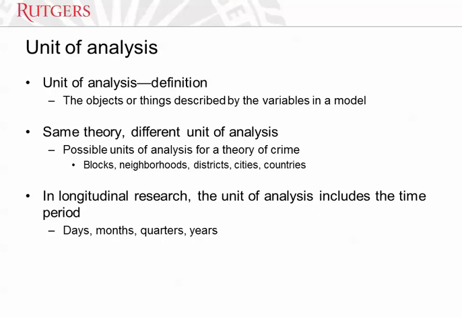So, possible units of analysis for a theory of crime. We looked at the broken windows theory of disorder and crime. We could test that theory at different levels. We could test it at small blocks or block groups. So blocks can be high or low in disorder, or blocks can have more or less crime.